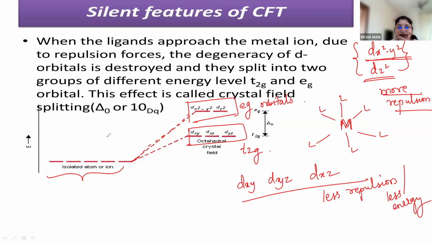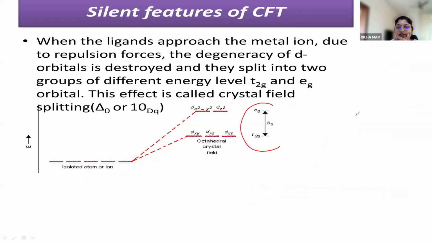This T2G and EG, as I have just told, are separated by a distance of delta O, which takes place when a ligand is approaching the central metal ion. It splits into EG and T2G, and this distance is termed delta O in octahedral complexes.